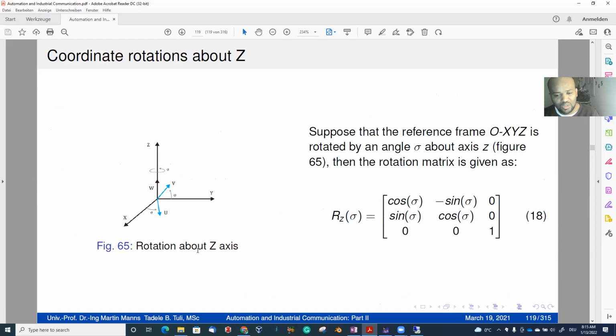When you rotate about the Z axis, you are performing this operation: cos sigma, minus sine sigma, 0, and then sine sigma, cos sigma, 0, and 0, 0, 1. The first column, cos sigma, sine sigma, 0, is a rotation about the x-axis, the second column, minus sine sigma, cos sigma, 0, is a rotation about the y-axis, and the third column is a rotation about the z-axis.